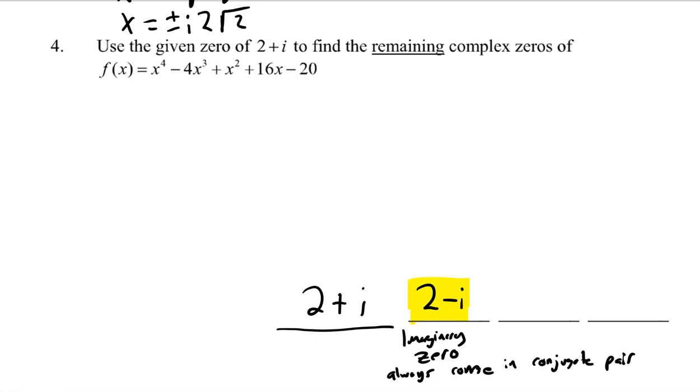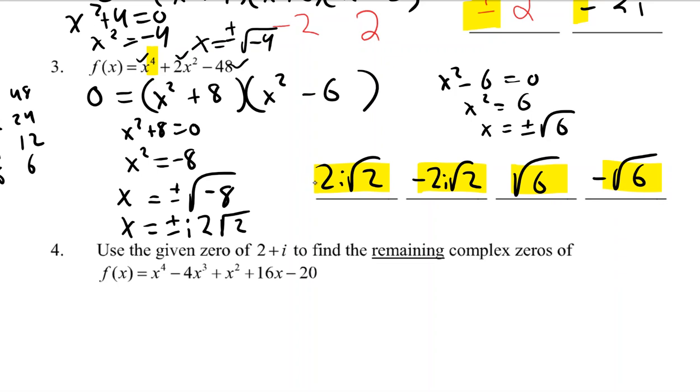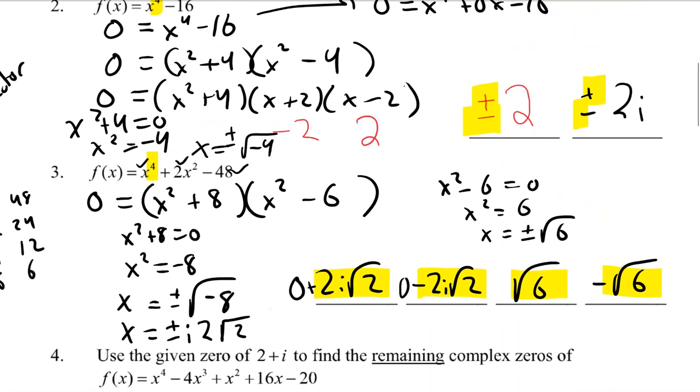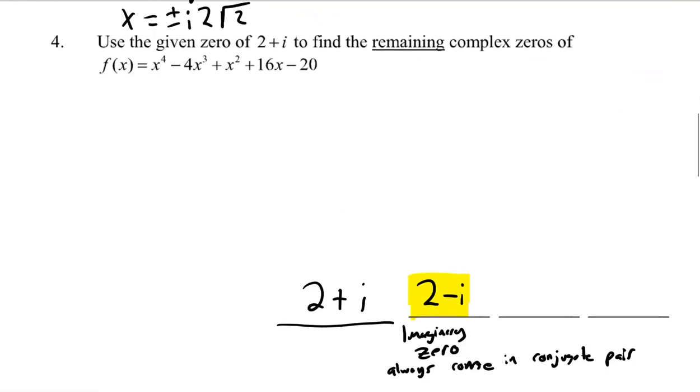Imaginary zeros always come in conjugate pairs. I didn't point that out to you in the last 2 questions, but it was true. If 0 plus 2i square root of 2 is a zero, then 0 minus 2i square root of 2 is a zero. You can put the 0 out front if you want to, but the middle sign is different. So you didn't have to know that for question 2 and 3, but you have to know it for question 4.